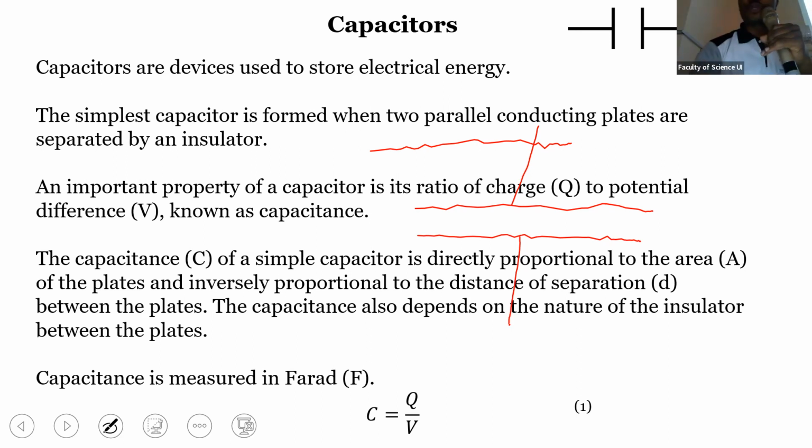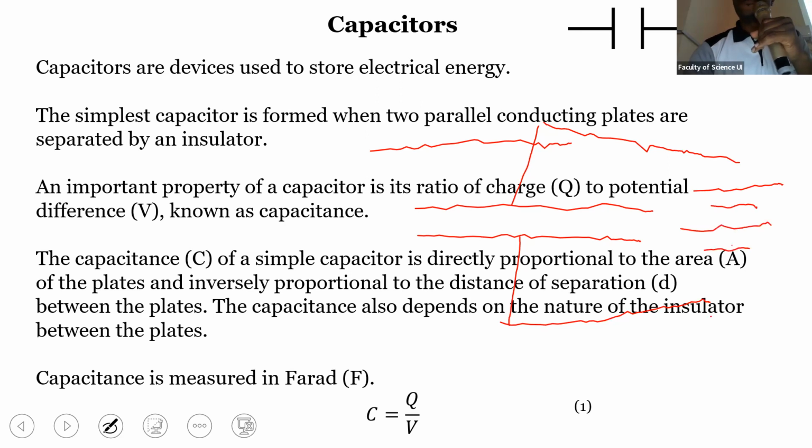So when these two plates are connected across a potential difference V, a cell of potential difference V, then easily we should know that this capacitor will store a certain amount of charge, and the charge it will store is Q, when it is connected across potential difference V.